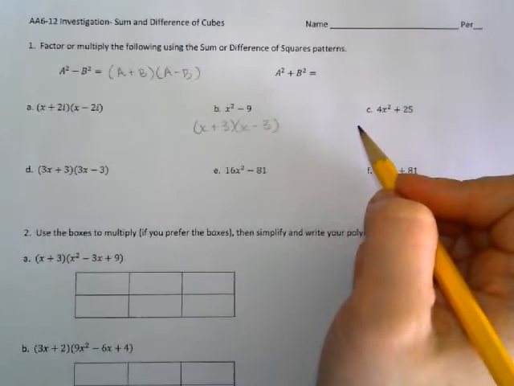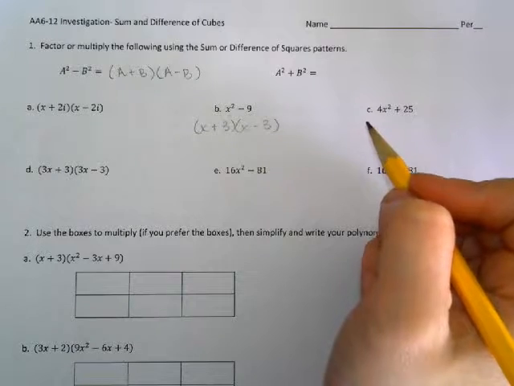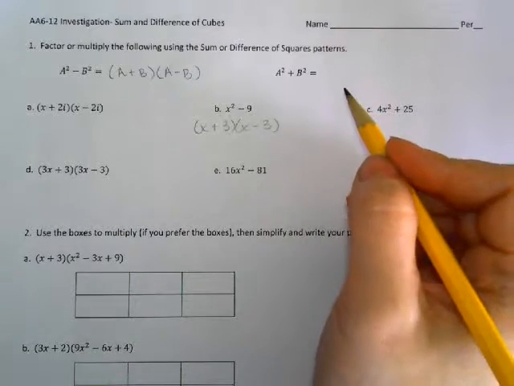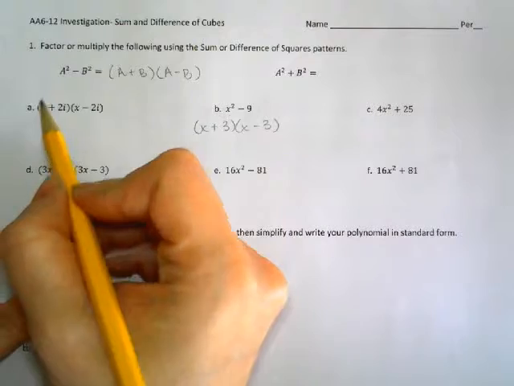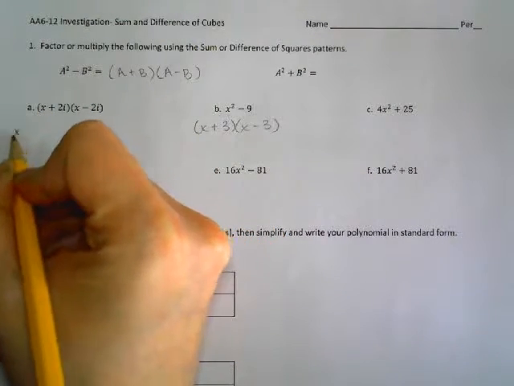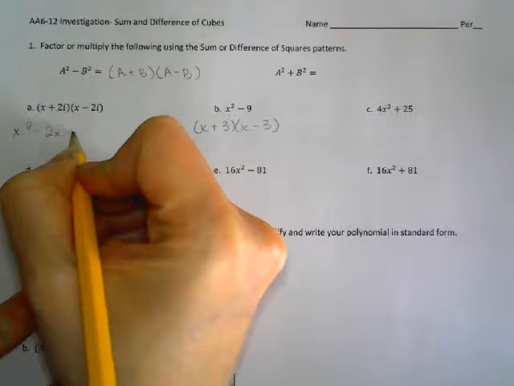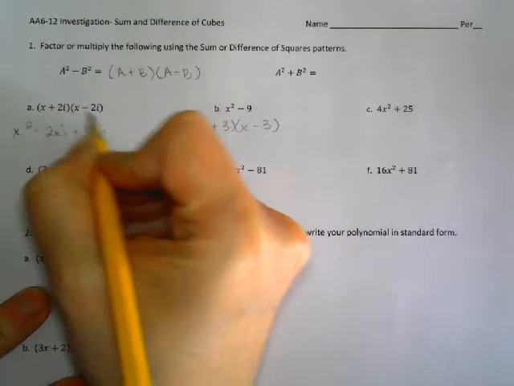So, in the sum of squares, this is why I had you multiply this first one out, we'd have x squared minus 2xi plus 2xi, and then minus 4i squared. The i squared, if you will recall, becomes what? Negative 1.